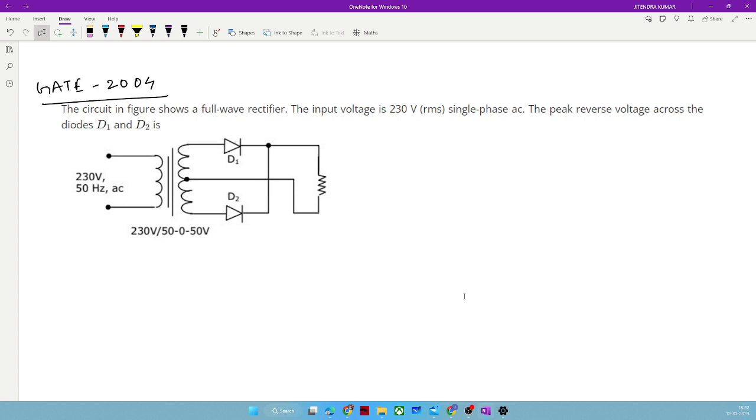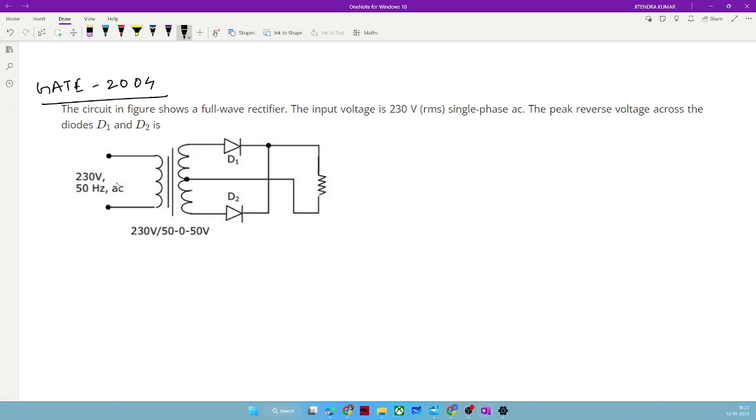If you know which switch is getting turned on and which switch is getting turned off, then you can easily know what will be the characteristics of your output voltage waveform. So here also in this problem, as usual, they have asked to compute peak reverse voltage, which is nothing but the peak inverse voltage. It is not some serious thing, but we will see how to approach any problem for computing peak inverse voltage.